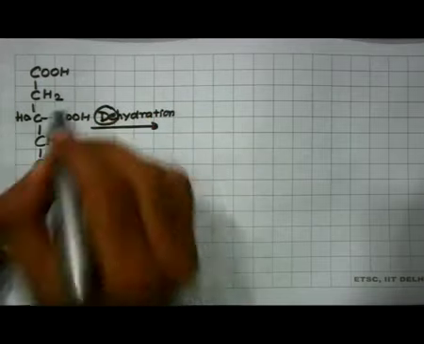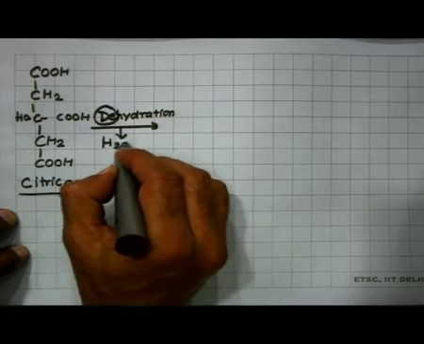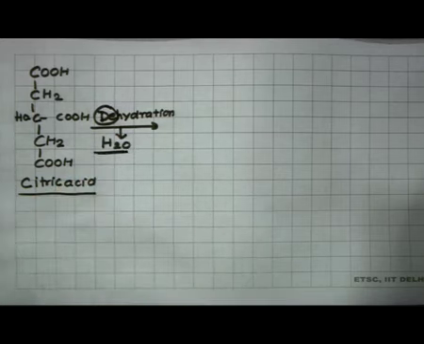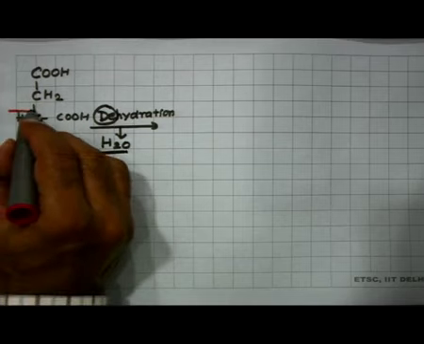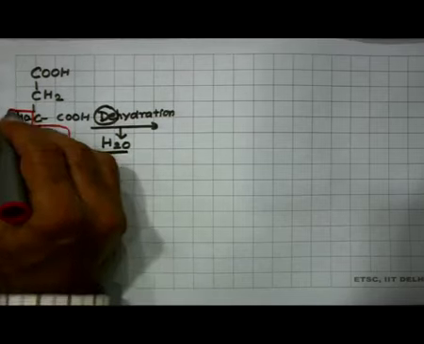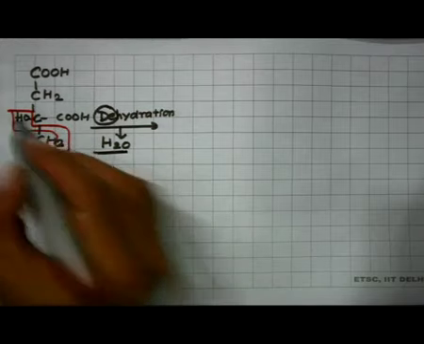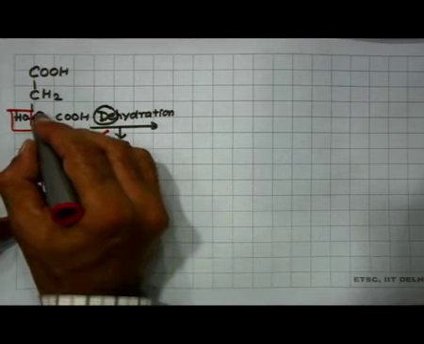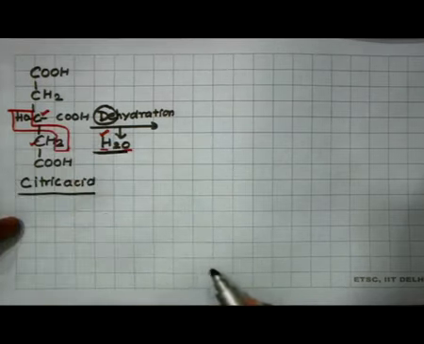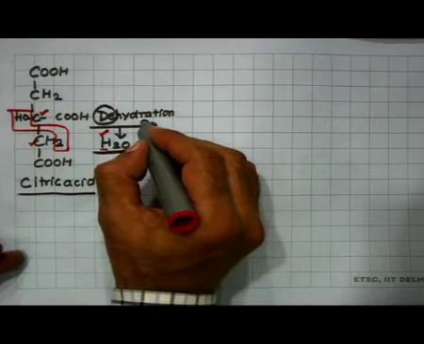D means removal of water molecule. So, the water molecule is going to be removed. This water molecule is removed from citric acid, easily from this group, 1H and OH. 1H and OH is removed from this carbon and this carbon, and the process is called dehydration.